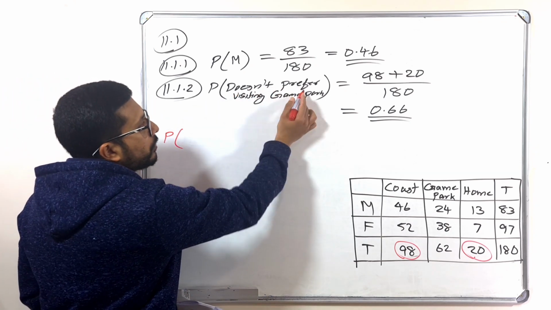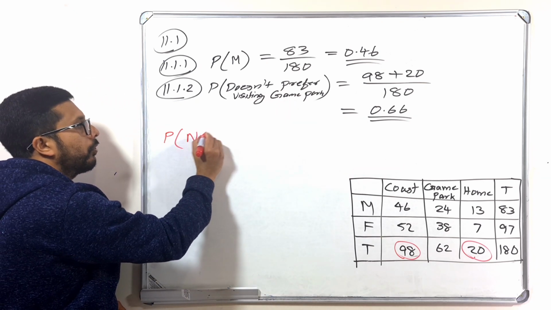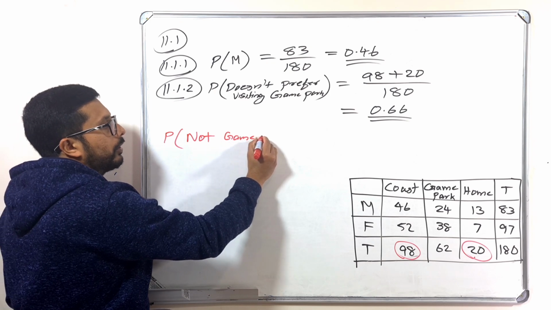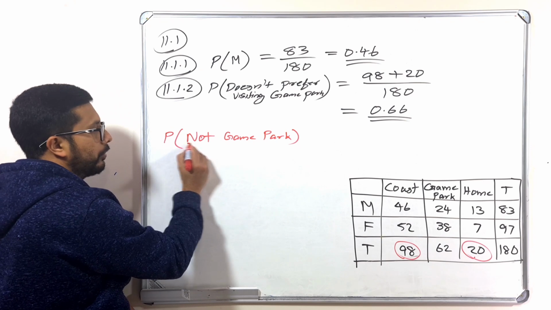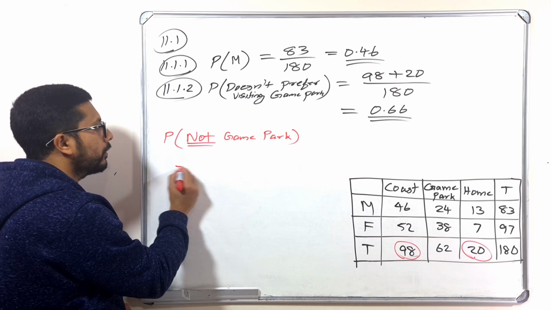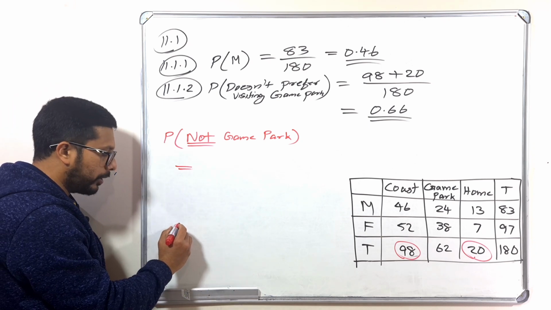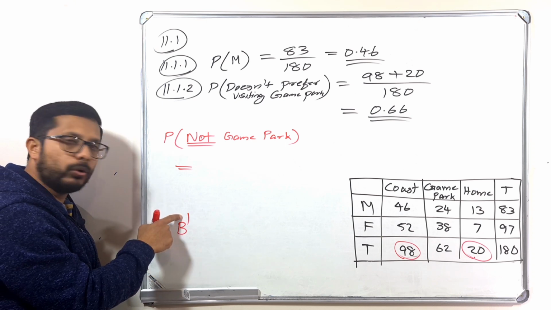Probability of does not prefer game park means the probability of not game park. Probability of not game park is the same as, maybe some of you remember, B complement.